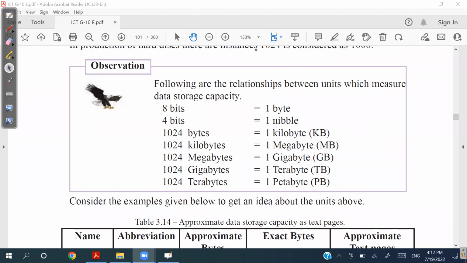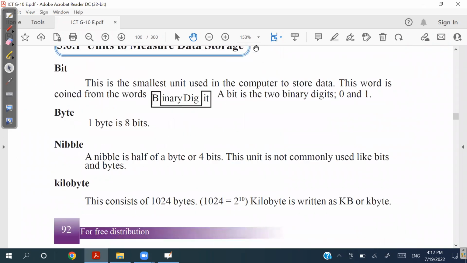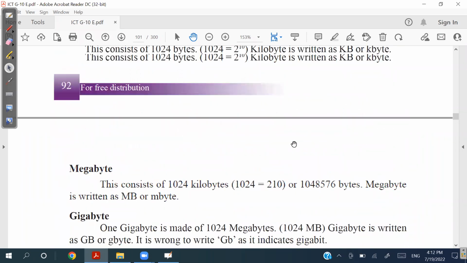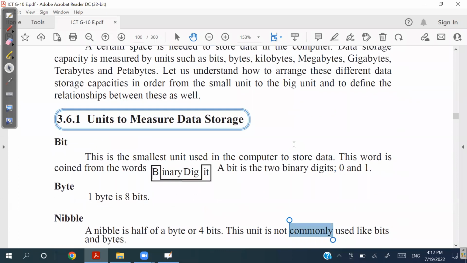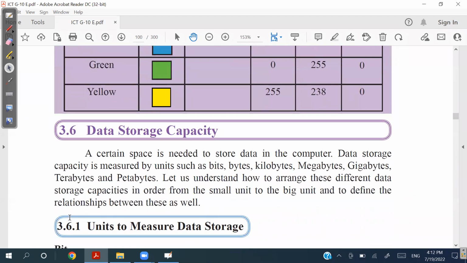We didn't draw these observations. Okay. So you just write about the bit, byte, nibble, and then you write about my chart. Likewise. Haven't we written about the bit, byte and about the nibble as well? No, sir. We didn't. Okay. We straight away went to the conversions then.